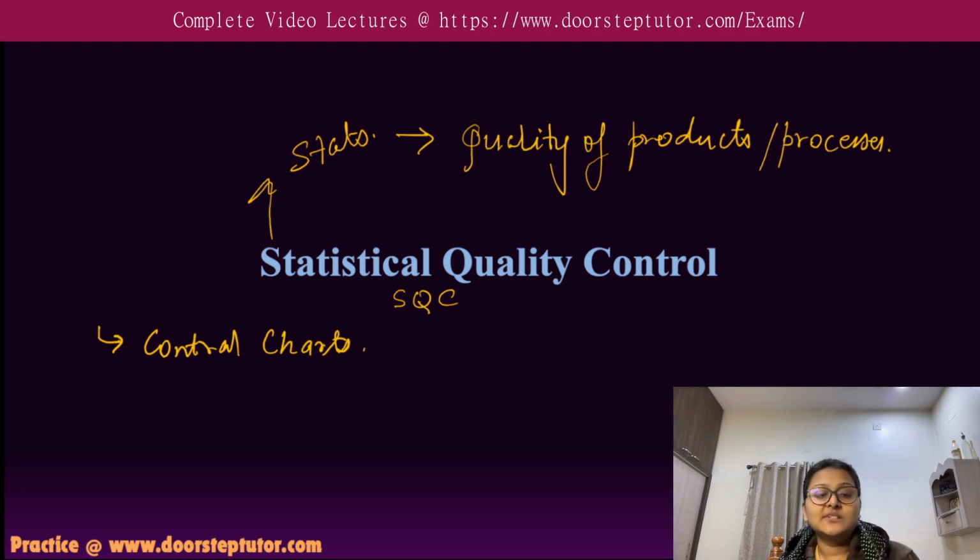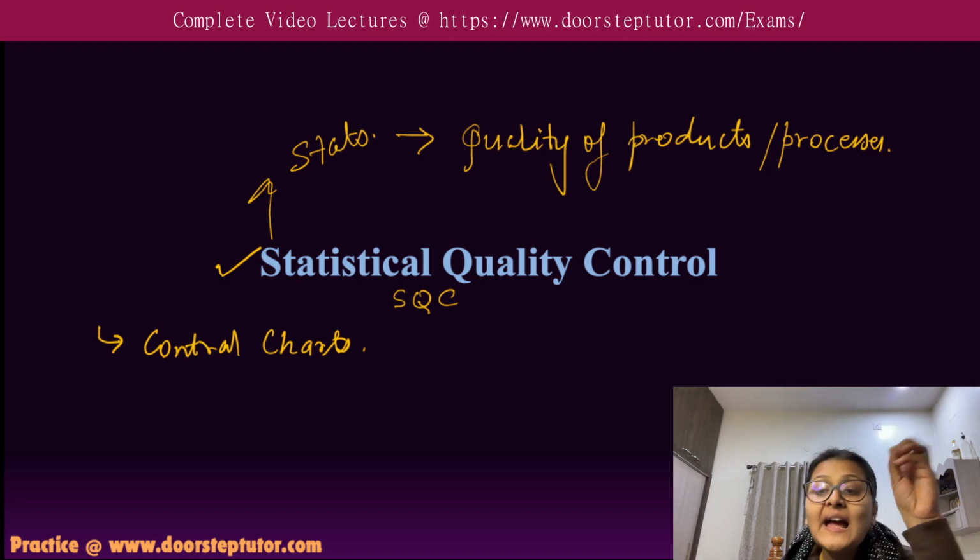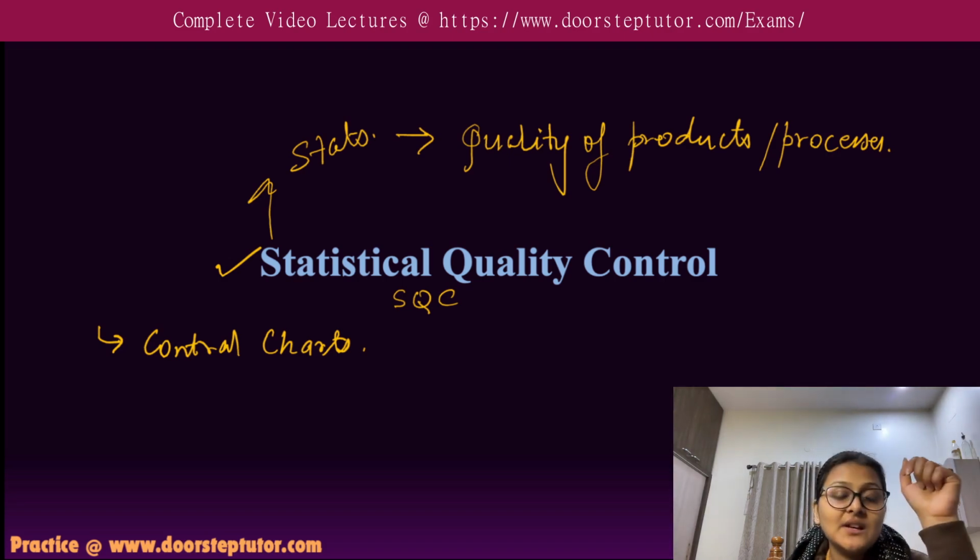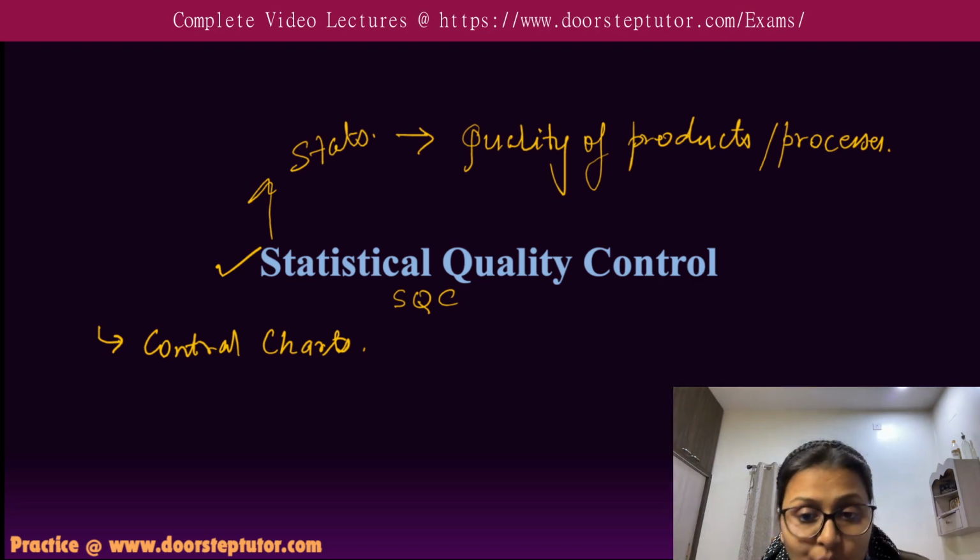Statistical quality control employs certain tools, those are control charts, sampling methods, and data analysis to measure how processes are being performed and to detect if there are any variations or issues. Think of SQC as a way to keep an eye on the quality during production or service delivery. So instead of just guessing if everything is okay, statistical quality control uses the facts and figures.